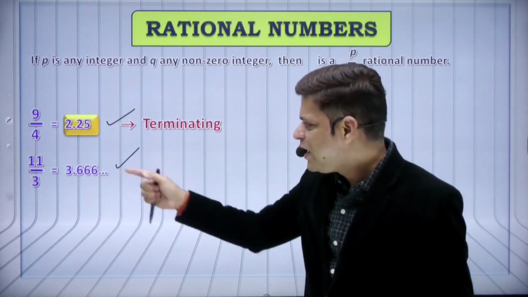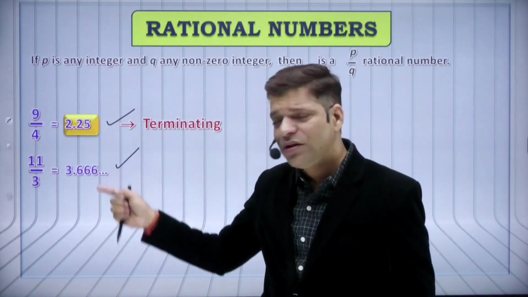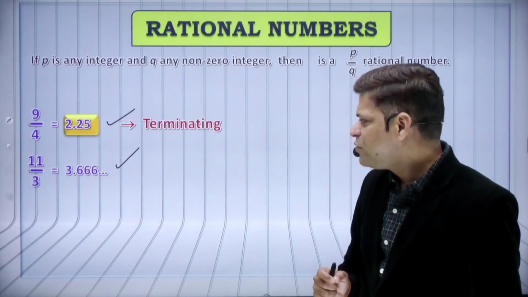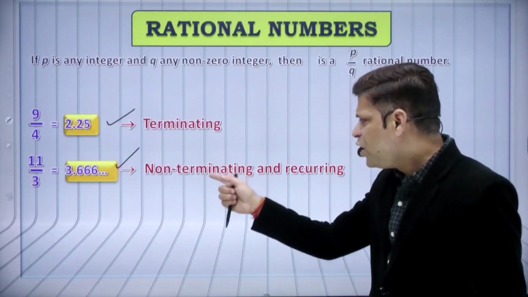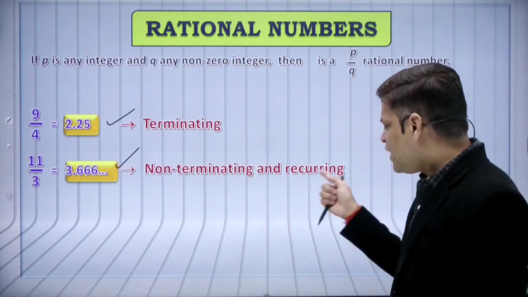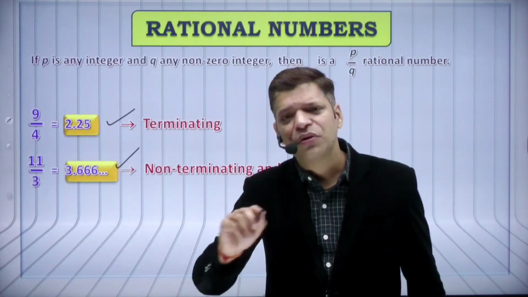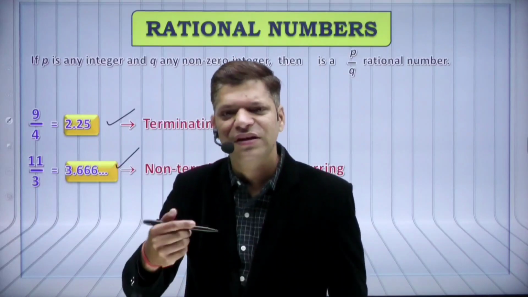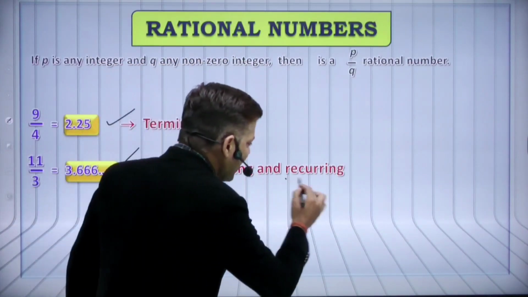But the next one, 11 over 3, is 3.666. After the decimal, the number 6 is going to repeat up to infinity. So what about this type of number? This is called non-terminating and recurring, because 6 repeats after the decimal up to infinity, so we say recurring.